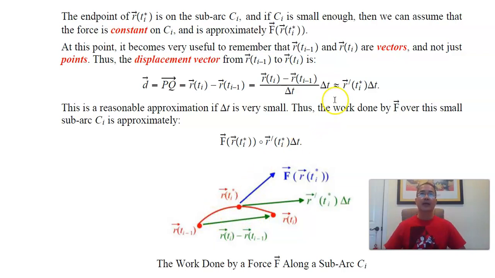So that difference quotient is approximately the tangent vector at t_i star. We therefore take the dot product of this force with this displacement vector, and that is the work done by the force as you move along this very, very small subarc.